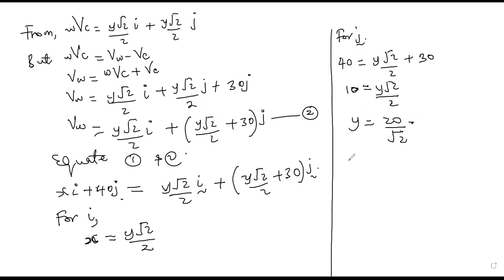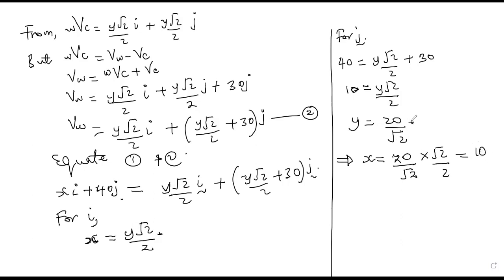So if y is equal to 20 over root 2, then from this one here, our x will be equal to 20 over root 2 times root 2 over 2, I've just substituted here with y. So I will get 10. My x is 10.